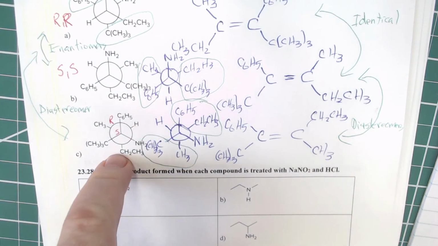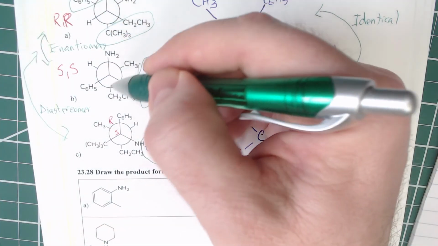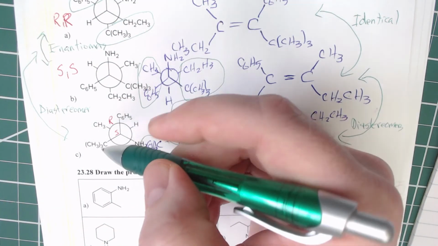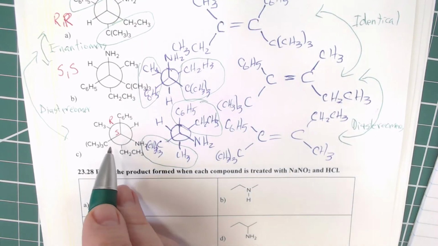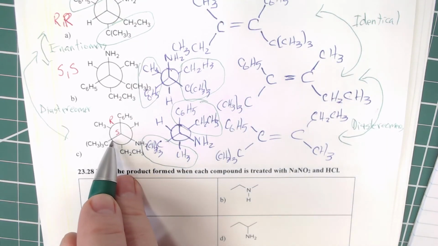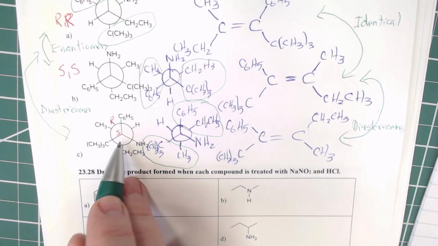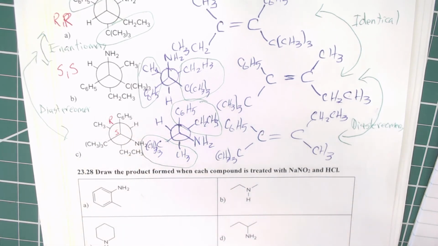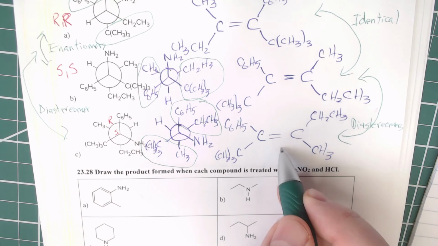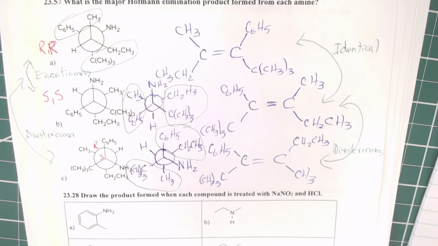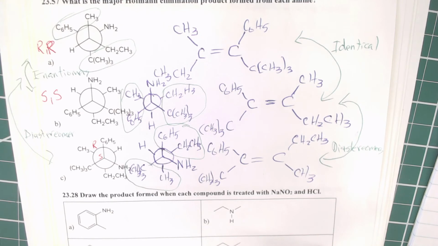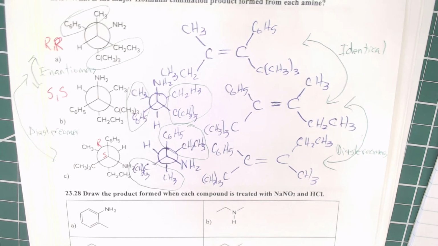So this is a diastereomer of this, and it's also a diastereomer of this. So these two are enantiomers, and this is a diastereomer of both of those. If we took the enantiomer of this, so instead of the RS, we have the SR, we would also get the same product. As an extra problem, try to convince yourself that that's true. All right.